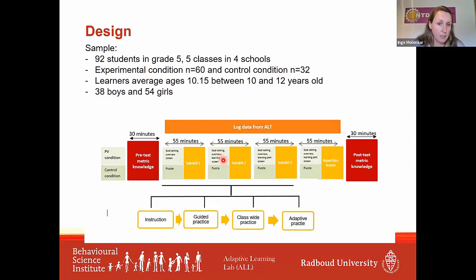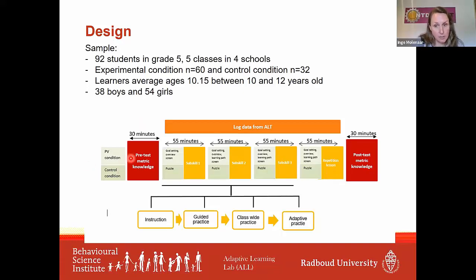And then from the second lesson onwards, they were also able to see the learning path they followed the last lesson, as well as their overview screen as a result of that last lesson. This continued for a lesson around subscale 1, subscale 2, subscale 3, and finally there was a repetition lesson in which students could continue to work on those skills they thought they still needed practice in.